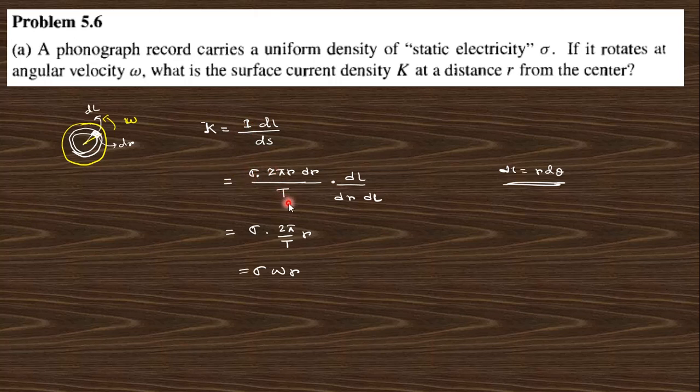I is charge per time. What is the charge within this ring? That is 2 pi r dr sigma by T, time period T, and this is dl, and the area will be dr into dl. This is a small area, so dl cancels out, dr cancels out, 2 pi by T is omega, and this is r. Clear? This is the surface current density.